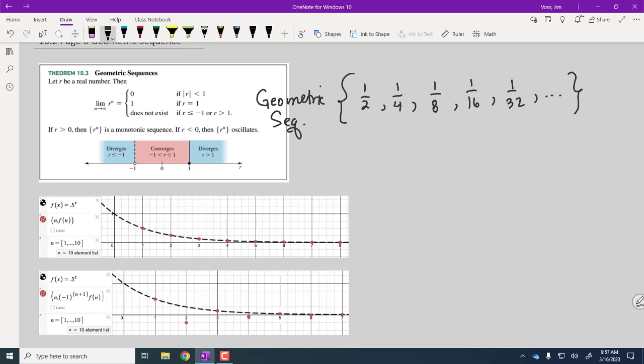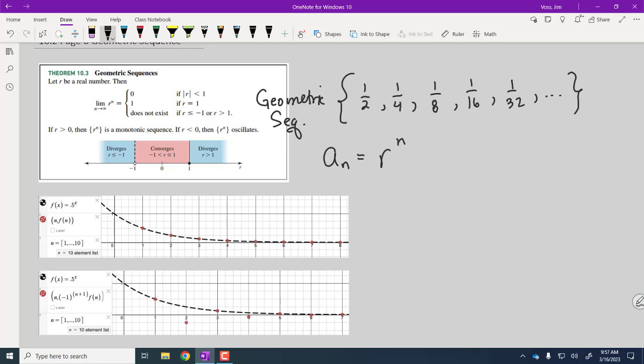So we know about the behavior of geometric series already. So a geometric series has this form of r to the n. So a sub n will be r to the n. R is that common ratio.